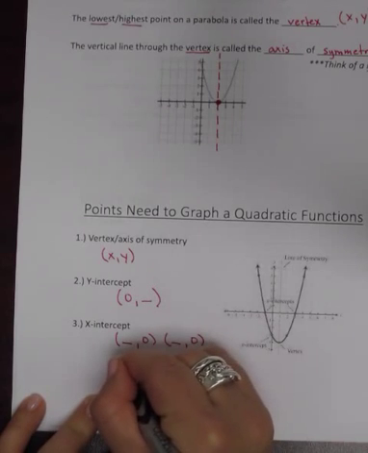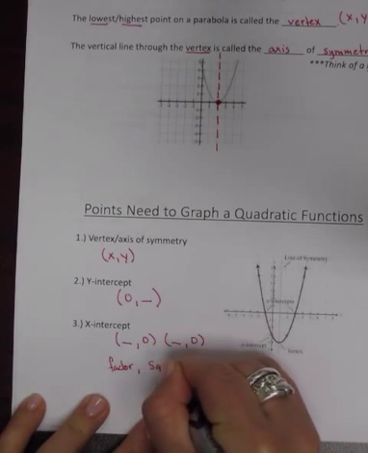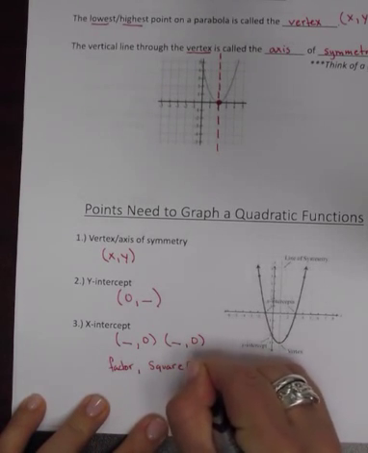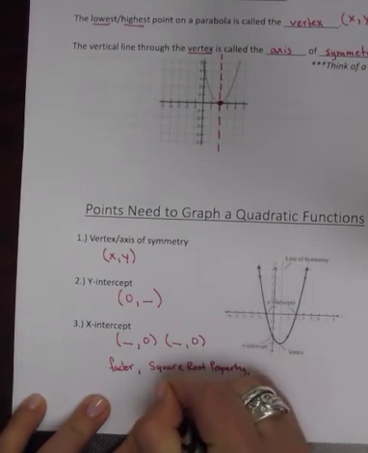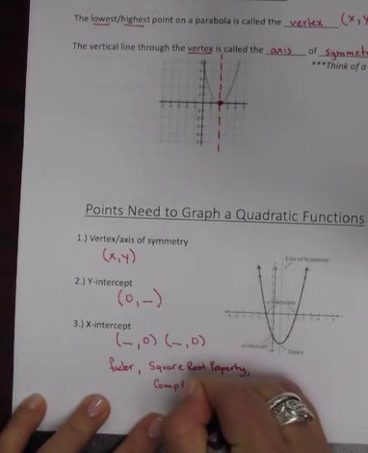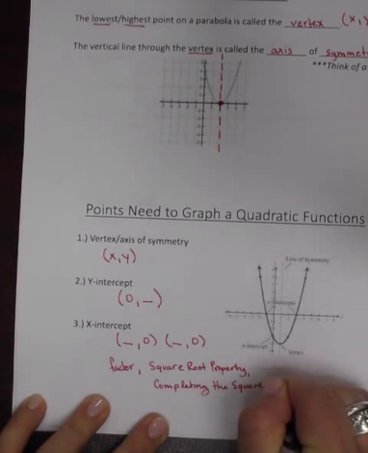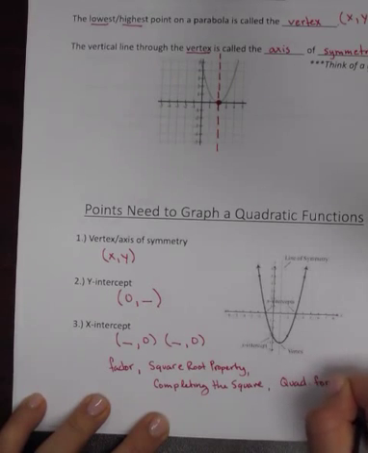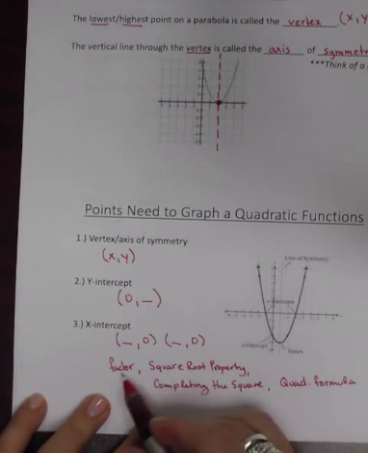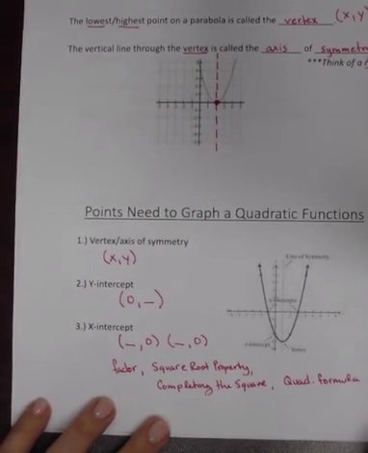We can either use factoring, like in 6.5, we can use the square root property, we can use completing the square, or we can use the quadratic formula. So this is 6.5, 9.1, 9.2, and 9.3. We'll definitely get some practice with that, but you should feel pretty familiar with it.